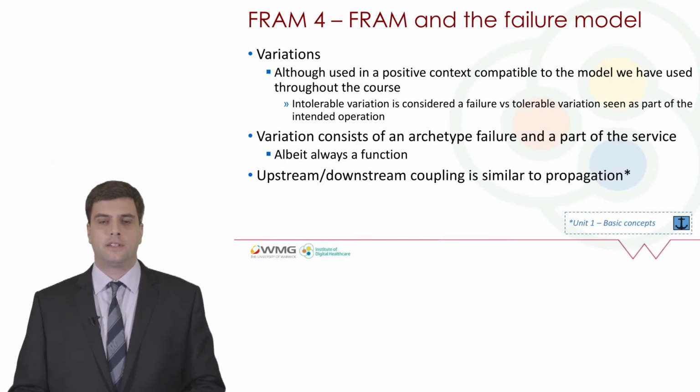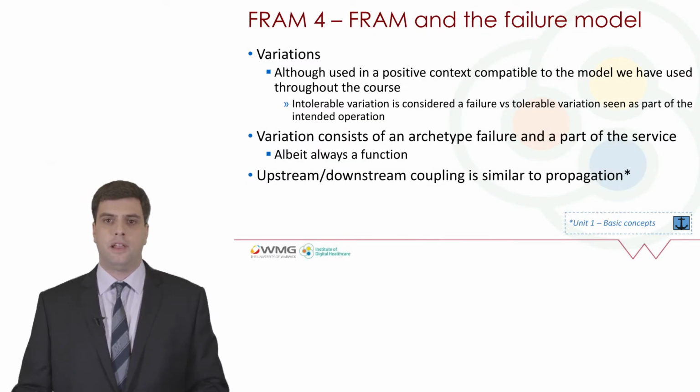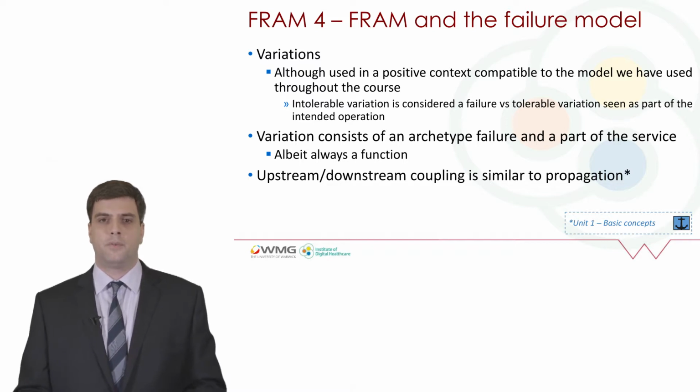So let's have a look at how FRAM relates to the failure model that we have discussed in this course. Firstly, we can see some similarities between the concept of variation and deviation. Although the concept of variation is used in a positive context, it is compatible to the model that we have used throughout the course. Variation is considered tolerable and part of the intended operation of the system.